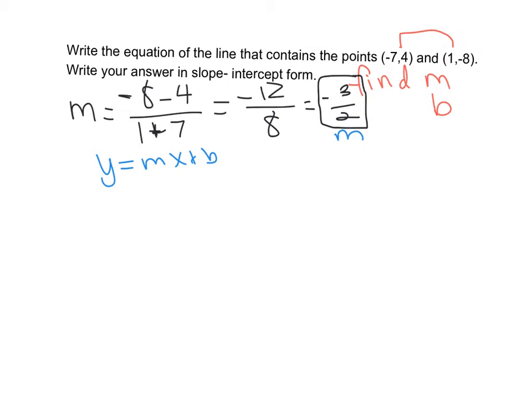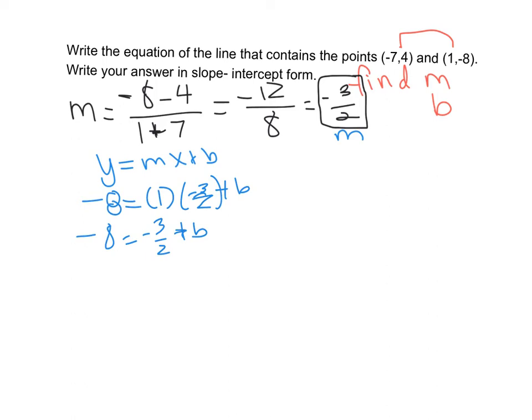All right, so I'm going to put the y as negative 8, and then 1, that's the x, times the negative 3 halves plus b. Now I'm just going to clean it up. So negative 8 is equal to negative 3 halves plus b.